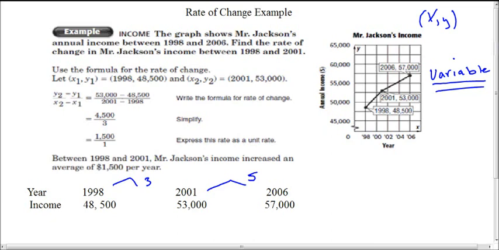Let's take a look here as well. If I look at 53,000 minus 48,500, let's take 1 from this and make this a 10. This becomes a 2.